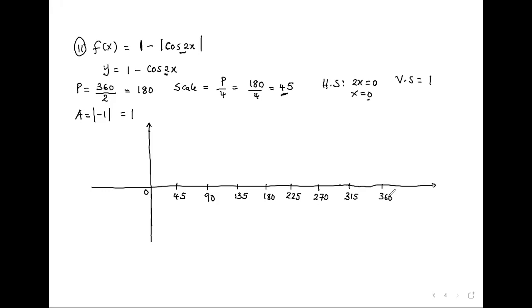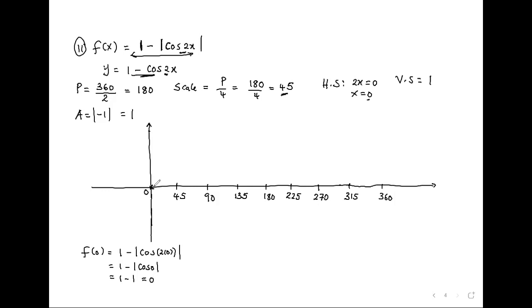So the first angle, 0. I substitute. Now in substituting, I'm not bringing in y. I'm taking in the actual f. So what is f of 0? F of 0 is 1 minus the absolute value of cos 2 by 0. This is like 1 minus absolute value of cos 0. And what is cos 0? Cos 0 is 1. So 1 minus 1, 0.